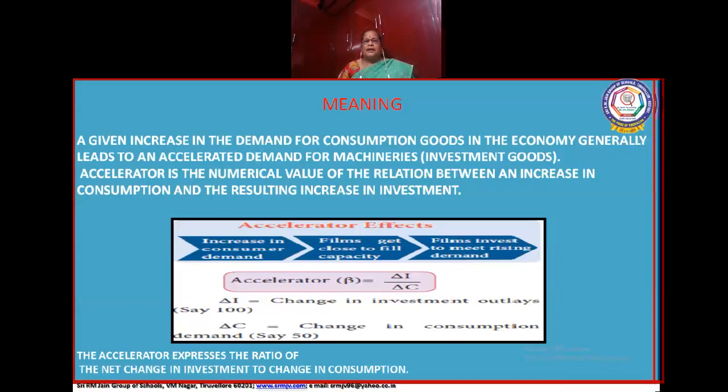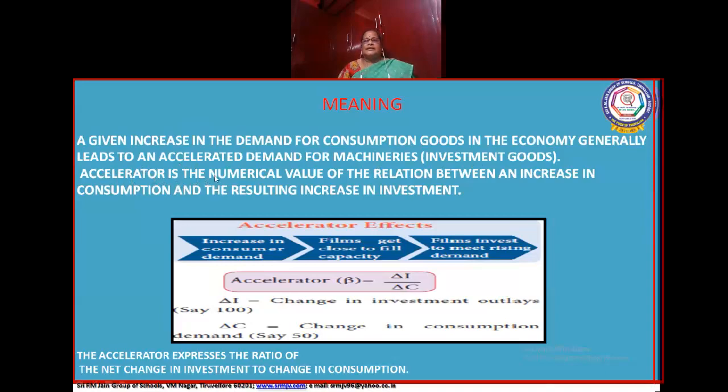What is the meaning of accelerator? A given increase in the demand for consumption goods in the economy generally leads to an accelerated demand for machineries, that is, investment goods.